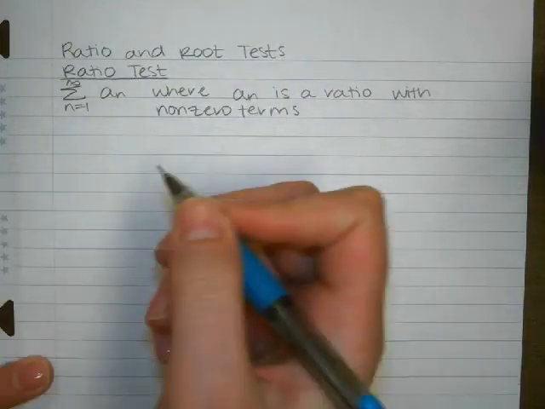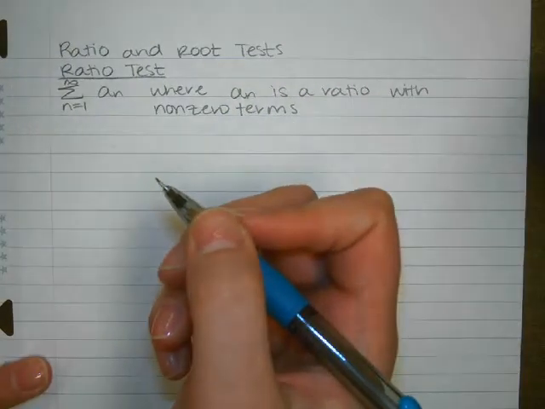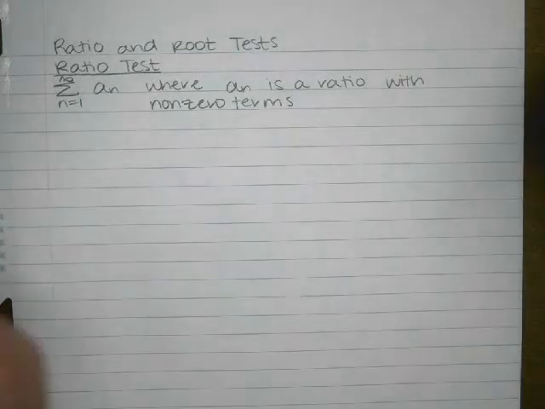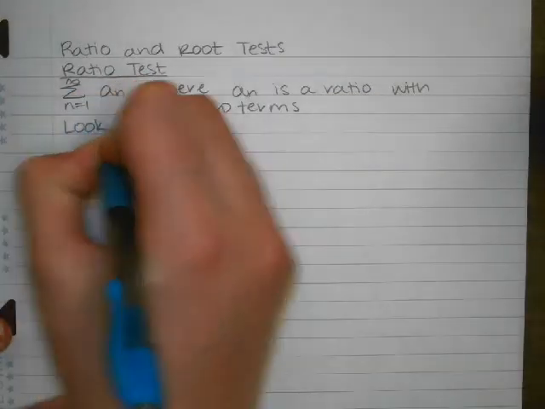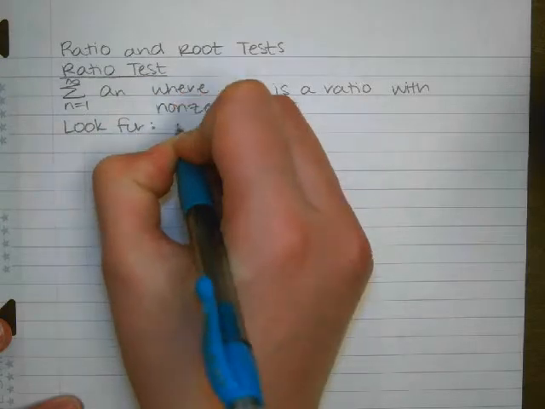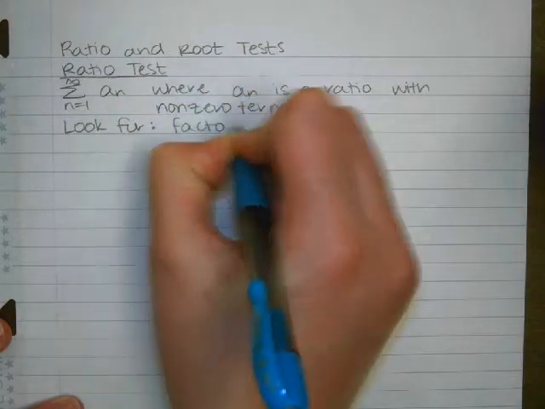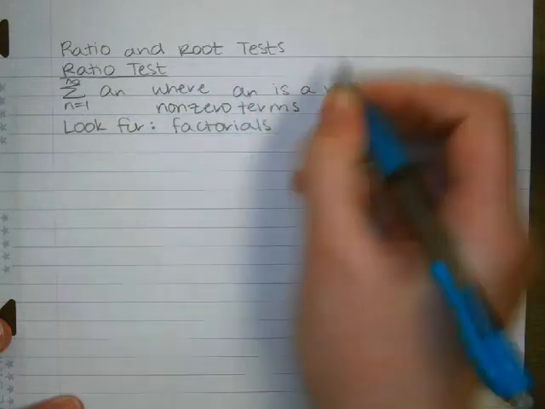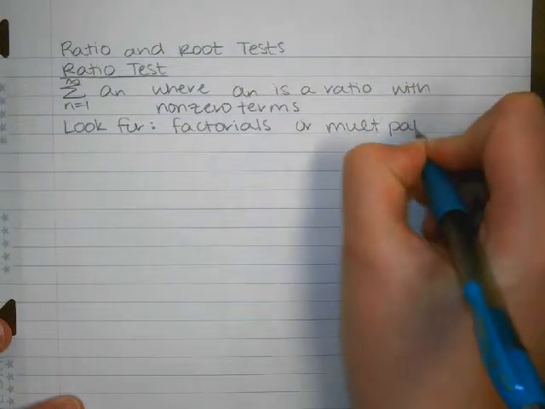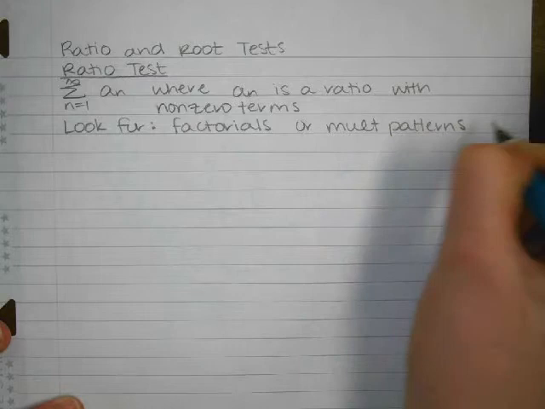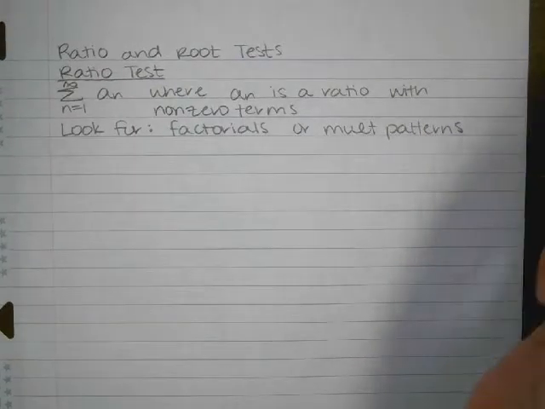And when you do the ratio test, the things that you're going to look for in the problem, because this isn't the only type of series where we've had a ratio before, so the things that we're specifically going to look for is factorials, or multiplication patterns, other than like geometric series, of course.